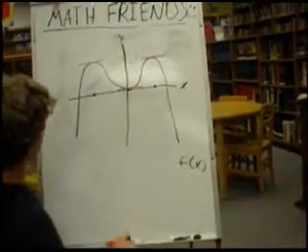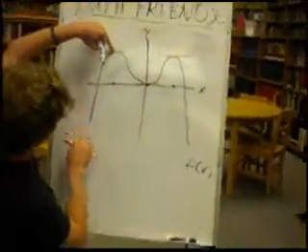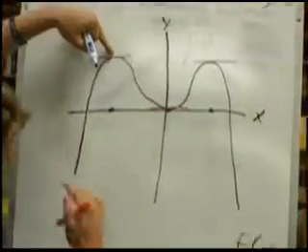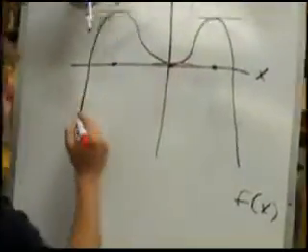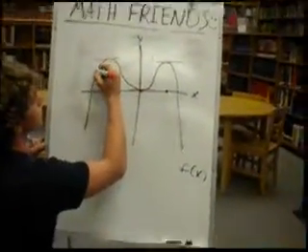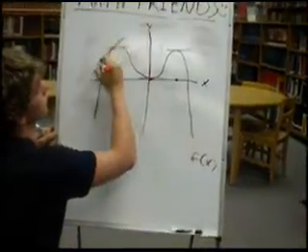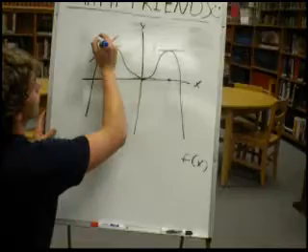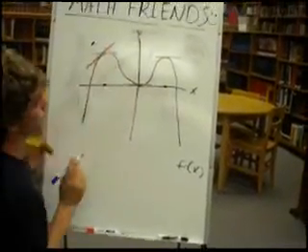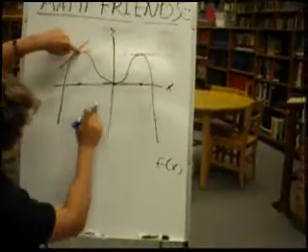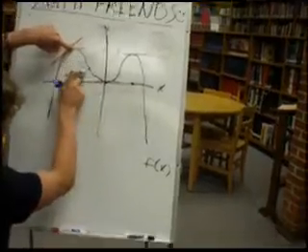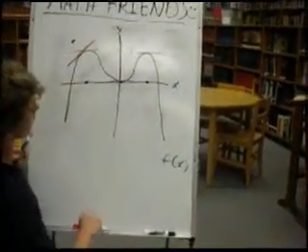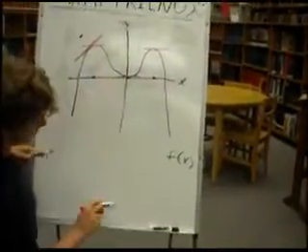Now if we were to draw the tangent line from this through here, anywhere along this, the tangent line will be positive. So if I just draw one right here, the tangent line is positive. So I can draw a nice little dot up here. Then if we go from this point to this point, anywhere I draw this tangent line, it would be negative.